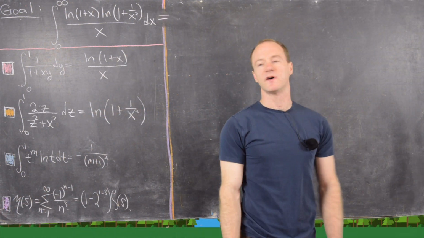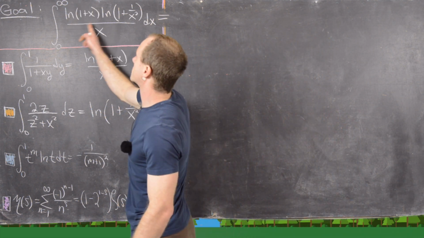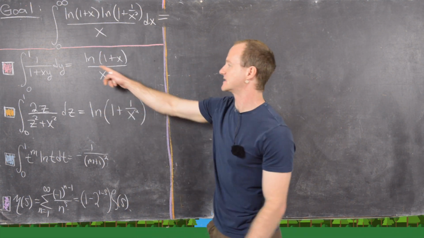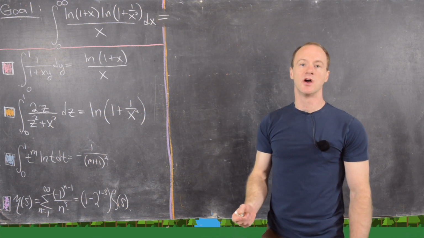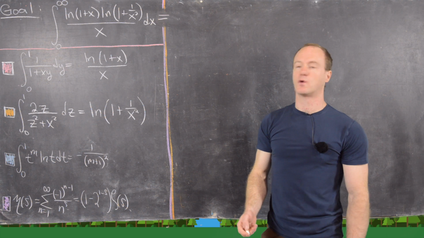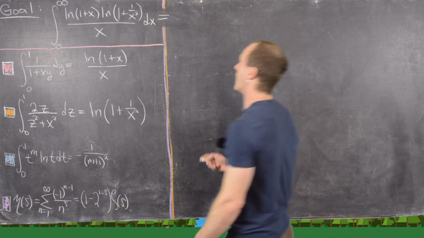And now we're ready to move on to our main result. So the first thing that we'll do is we will change this function natural log of 1 plus x over x into that integral which is on the left, and the same thing for the natural log of 1 plus 1 over x squared. So that's going to change the single integral into a triple integral, and it'll look like this.